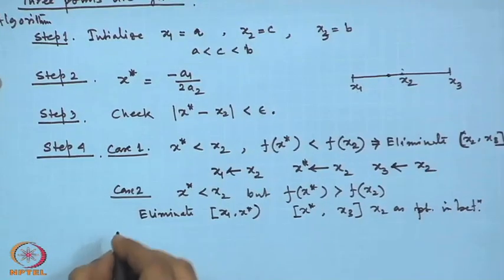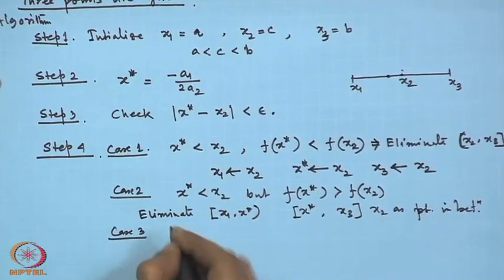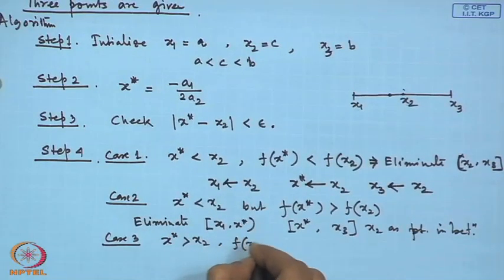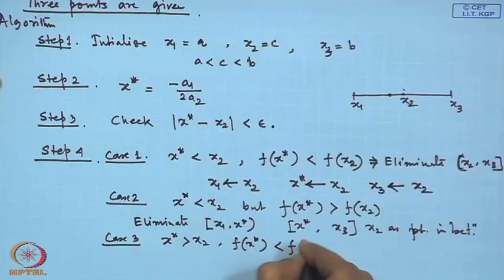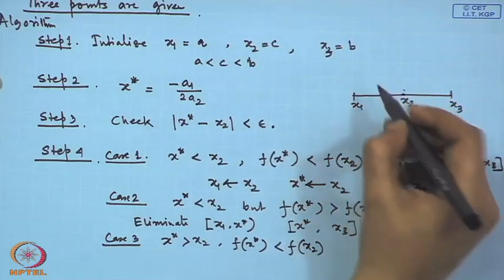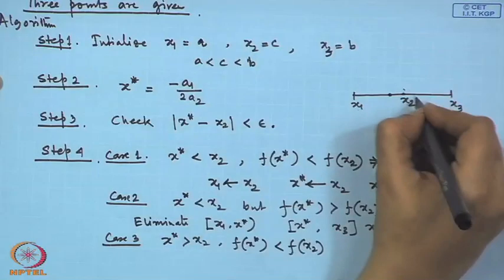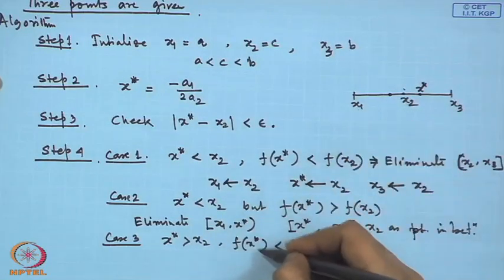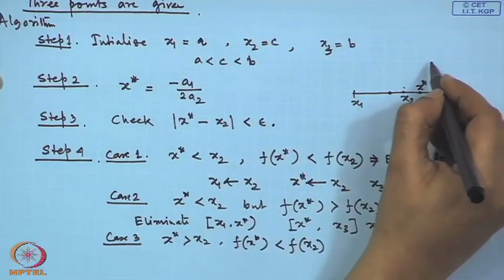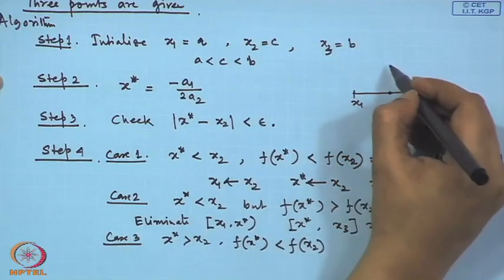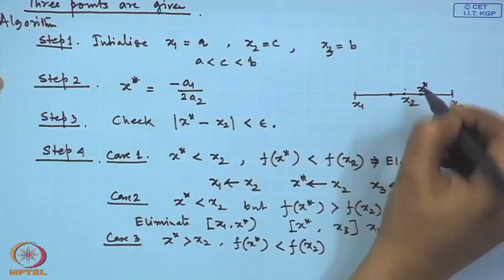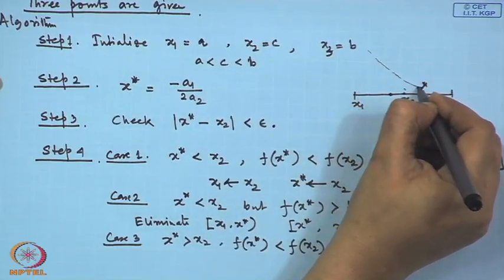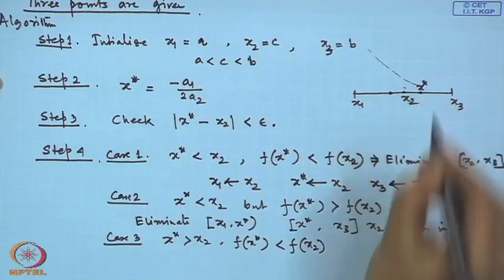Clear? The other case may arise as well, that is x star is in the right hand side of x2, but f(x star) is lesser than f(x2). That means x star is here now, and the functional value of f(x star) is lesser than f(x2). That means the function is coming down in this way. Then we can eliminate up to this, there cannot lie any minimum value, because the f(x2) value is higher than the f(x star) value.